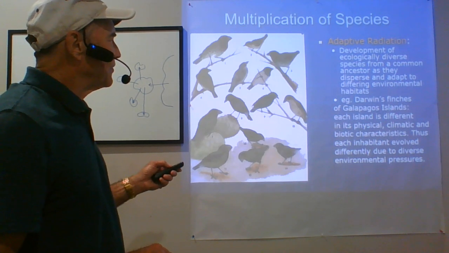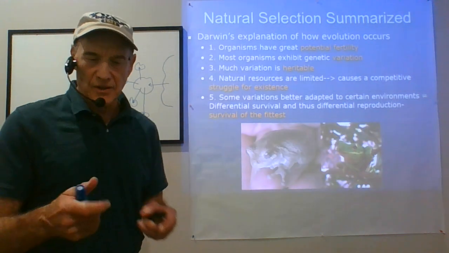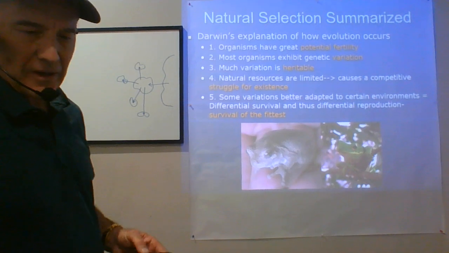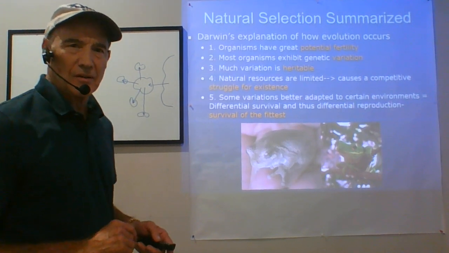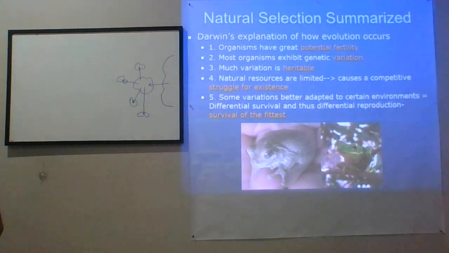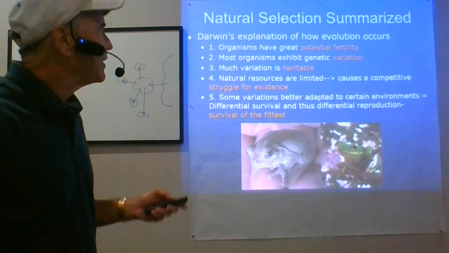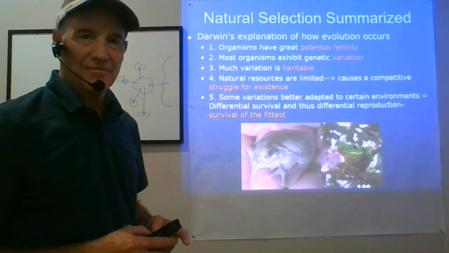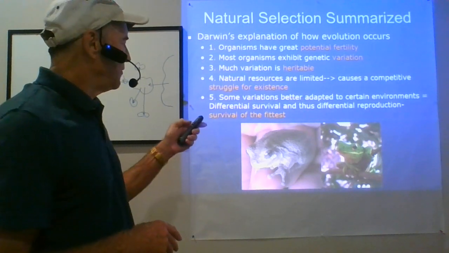All right. So he saw this change in the finches. Adaptations, he called them. A body feature that changed. Let's go back to our PowerPoint. So he came up with the theory of natural selection.